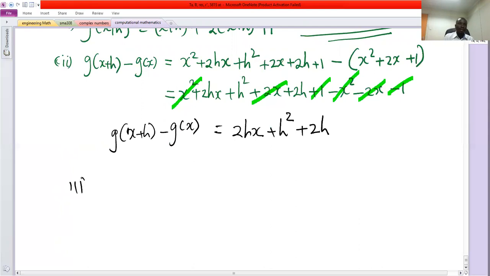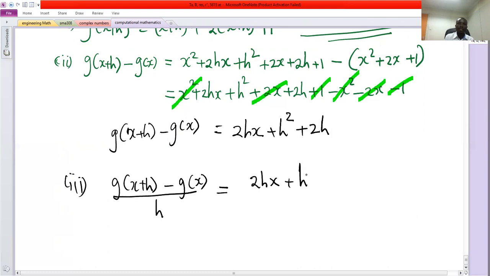So lastly, g of x plus h minus g of x over h will be 2hx plus h squared plus 2h divided by h. And you see in the numerator, you can factorize h.